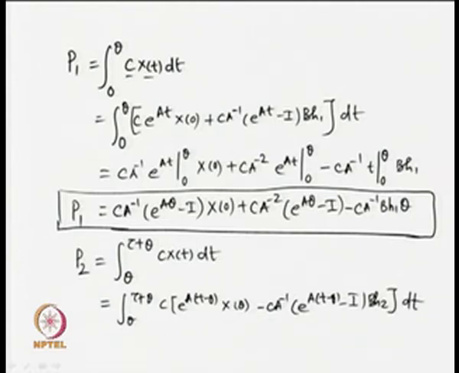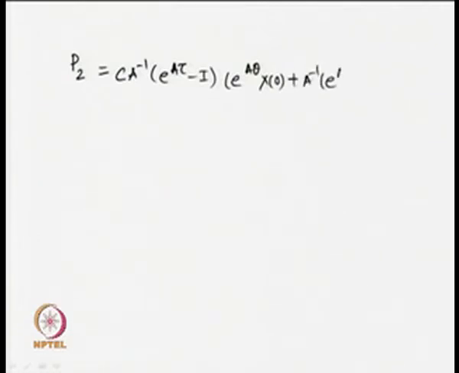So, this integral can also be found like the previous case and simplified to give us finally P2 as c A inverse (e^(a tau) minus I) times [e^(a theta) x(0) plus A inverse (e^(a theta) minus I) b h1] minus c A to the power minus 2 (e^(a tau) minus I) b h2 plus c A inverse b h2 tau.